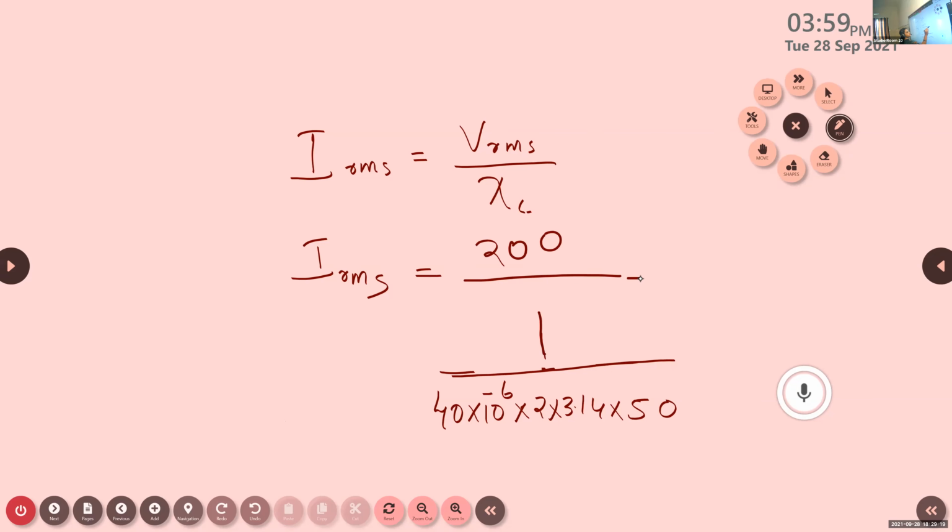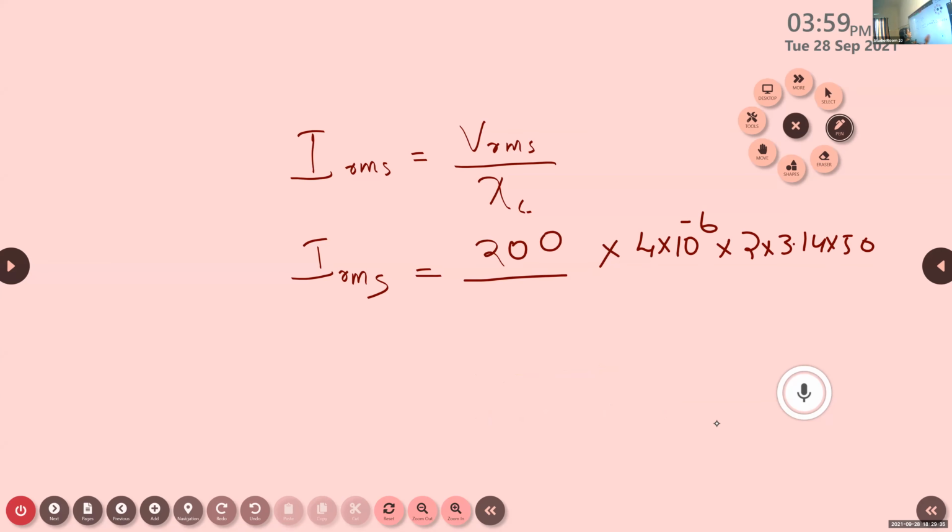We can take the reciprocal. So IRMS is equal to 200 into 40 into 10 raised to minus 6 into 2 into 3.14 into 50. Sorry, here it is not 4, it is 40.